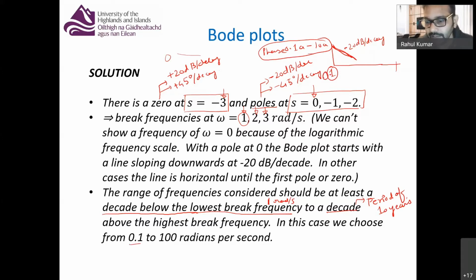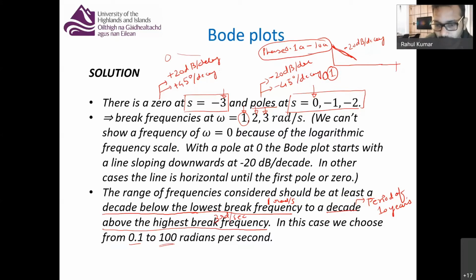And we go a decade above the highest break frequency. The highest break frequency is 3 radians per second, so at least a decade above, and you can take a higher value. We have chosen the maximum of the range as 100.